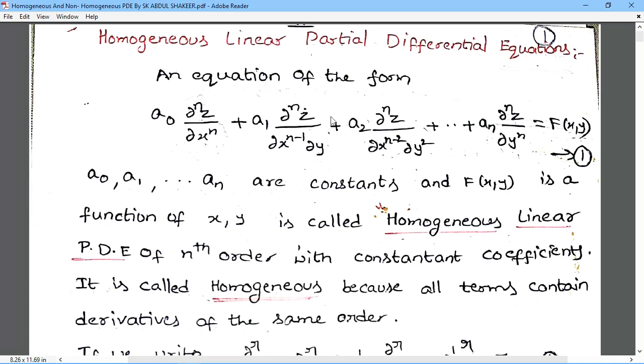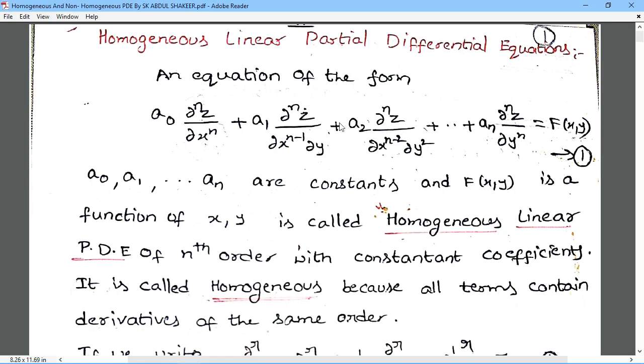Here, this equation is called a homogeneous linear partial differential equation. Here a0, a1, a2, and so on, an are real constants, and the right hand side of the equation is a function of x and y.